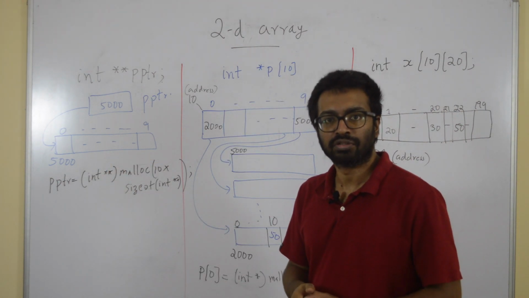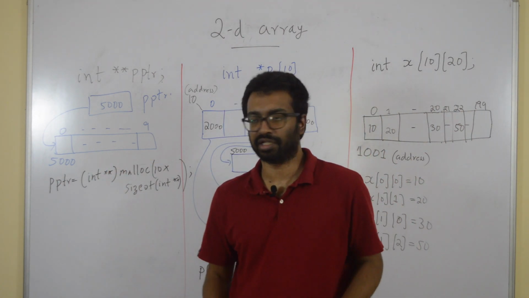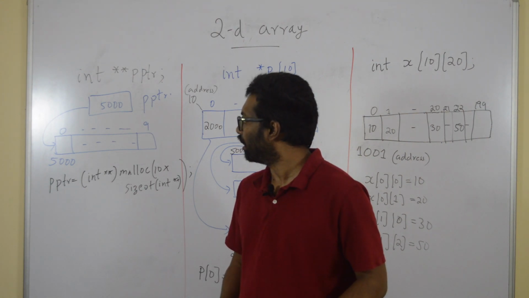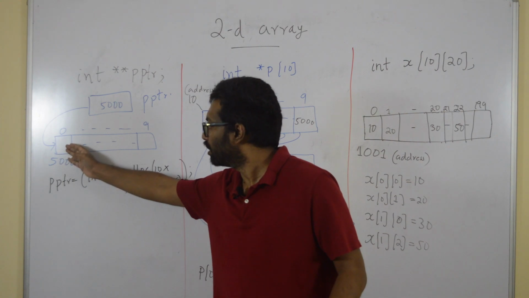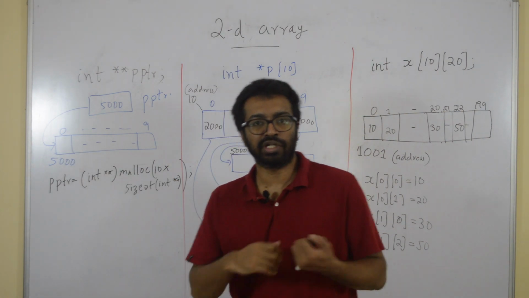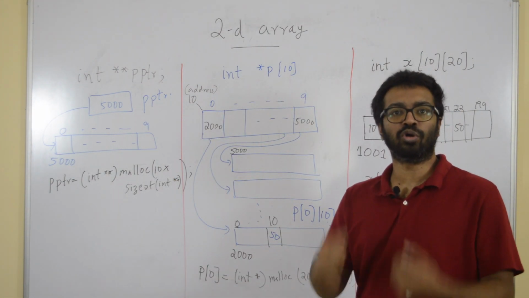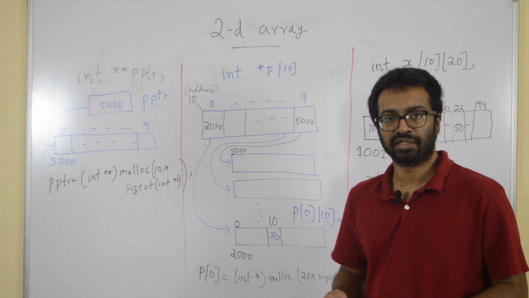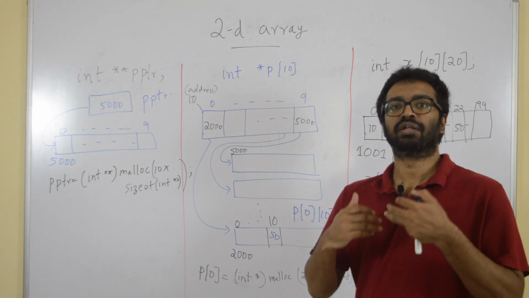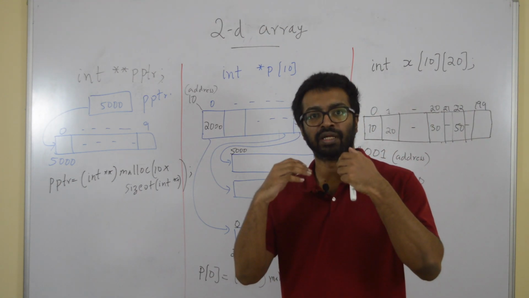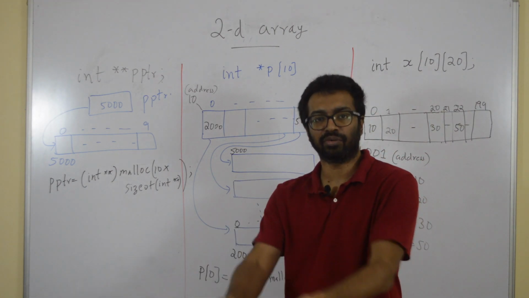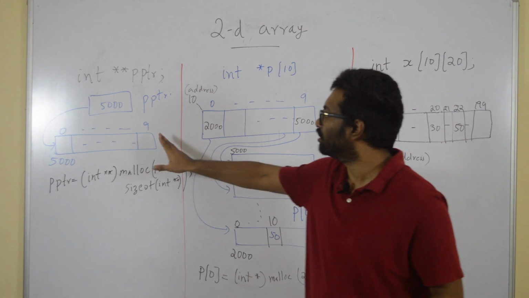So that will give me a one-dimensional array, right? And now each location in this one-dimensional array, which is of size 10, should be assigned the address of a one-dimensional array.